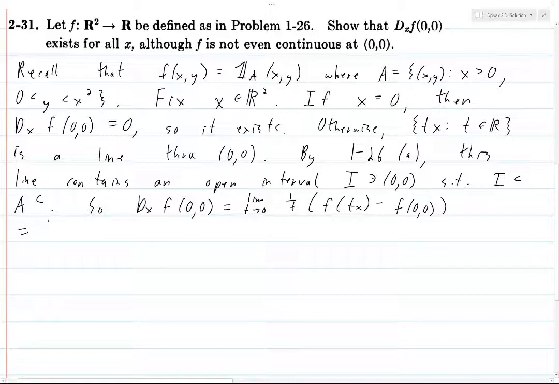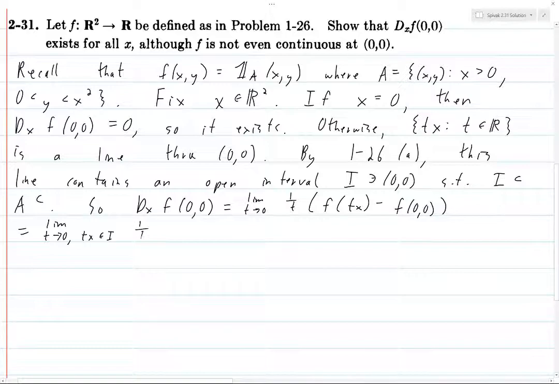Since we're taking the limit as t goes to 0, we can also assume that t is in I, because if t is small enough, then tx is contained in I, because I is an open interval containing the origin. I guess this should be the limit as t approaches 0 where tx is in I.